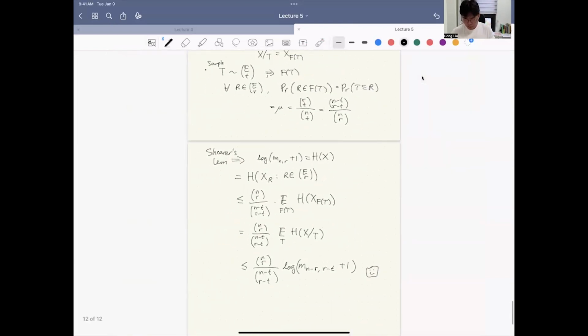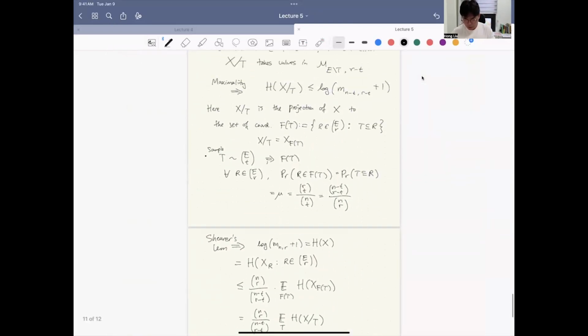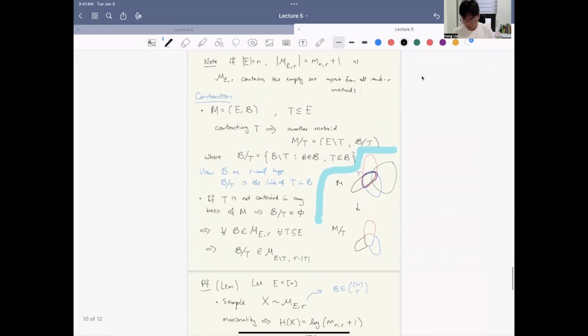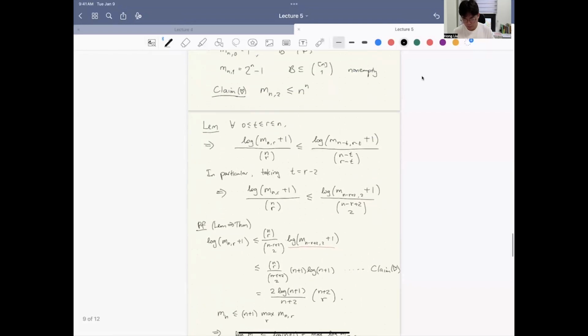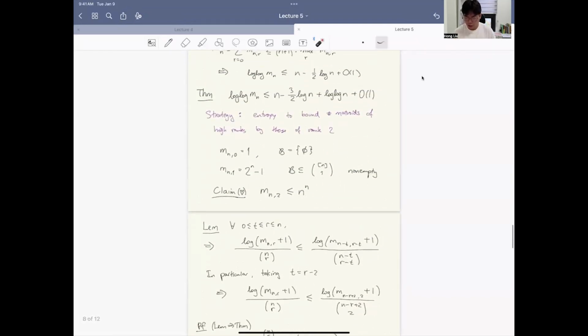So I finished the proof for counting matroids apart from this claim. I'll finish the proof of the claim next time, which gives this crude upper bound on the number of rank 2 matroids. Any question?